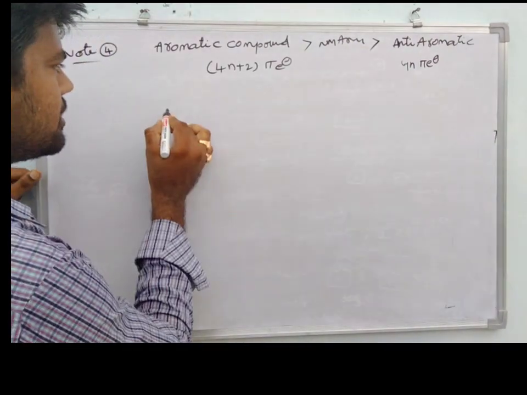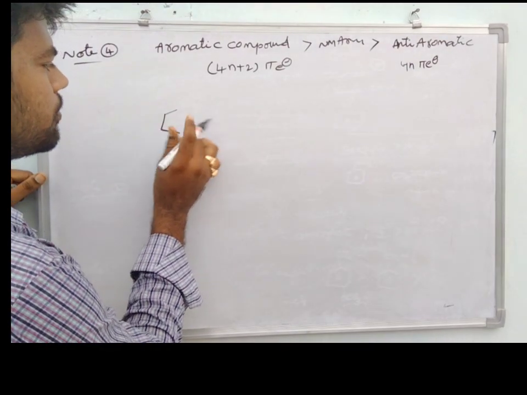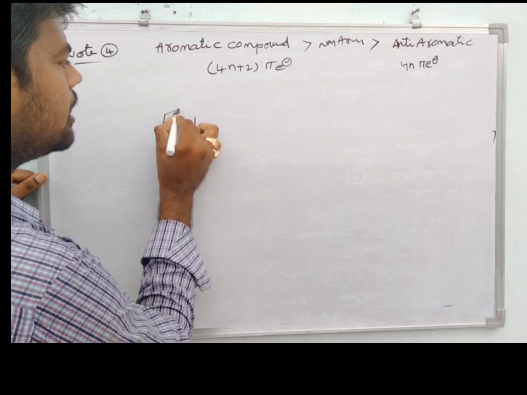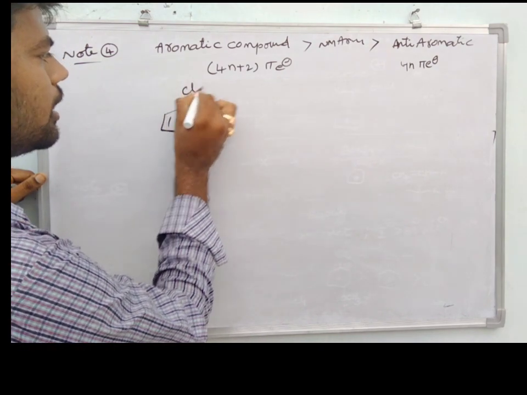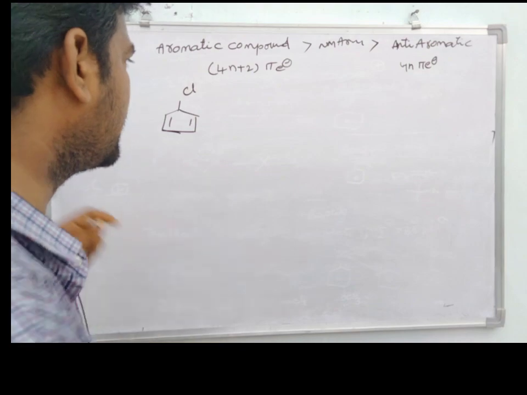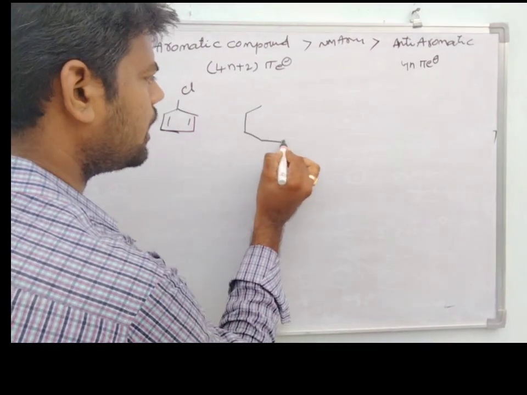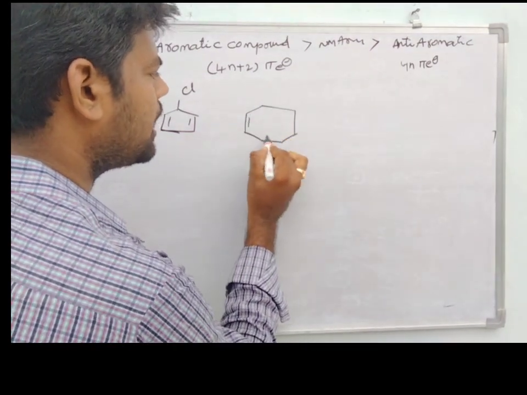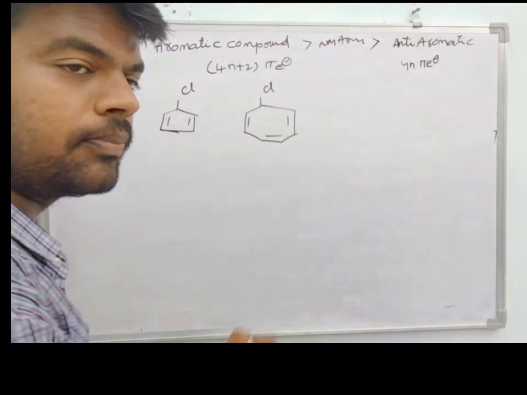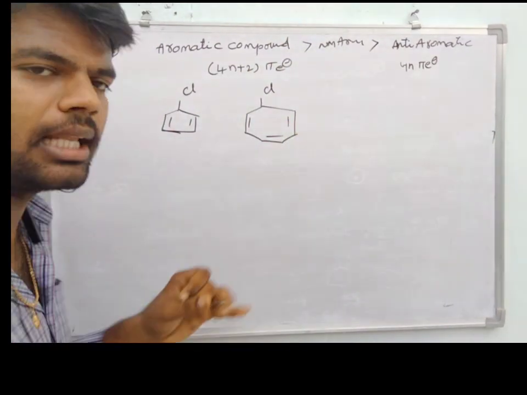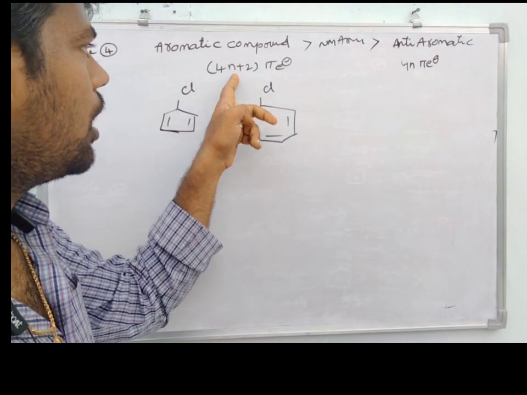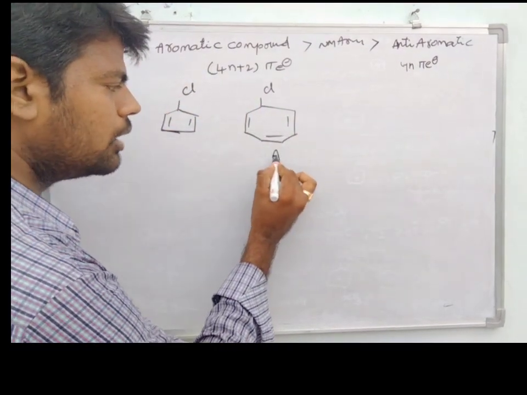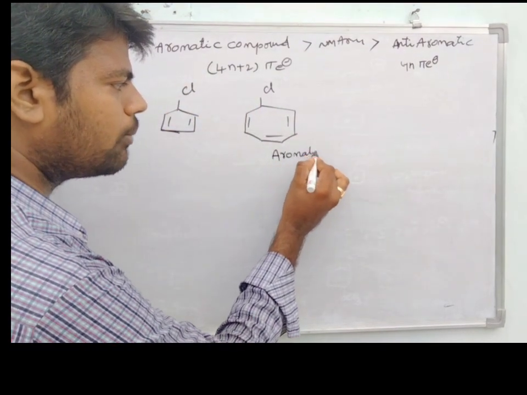Take another example, for suppose cyclopentadienyl chloride, and cycloheptatrienyl chloride. If you take here, how many pi bonds are there? 3 pi bonds are there. It follows the 4n plus 2 pi electron rule. Therefore, it is an aromatic compound.